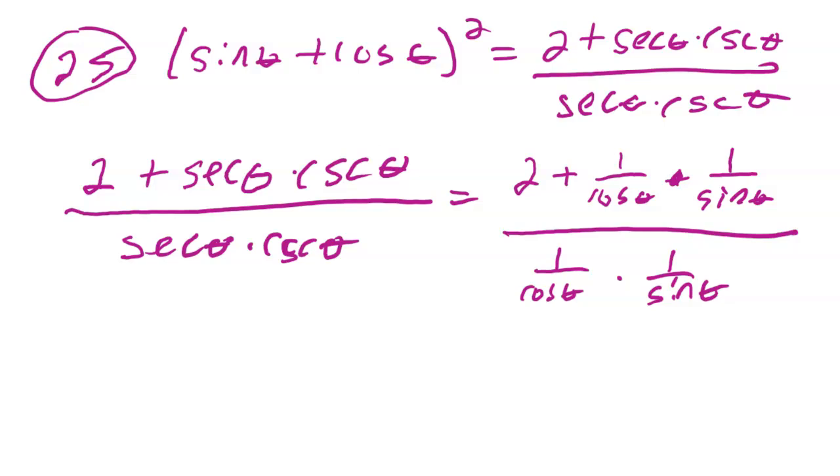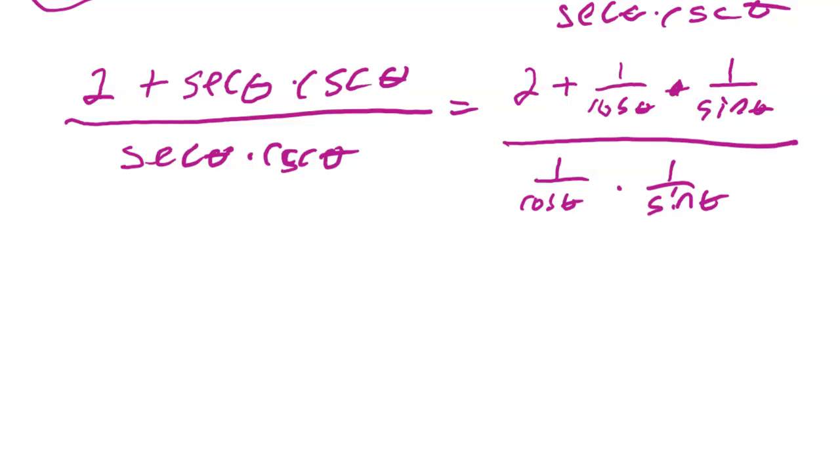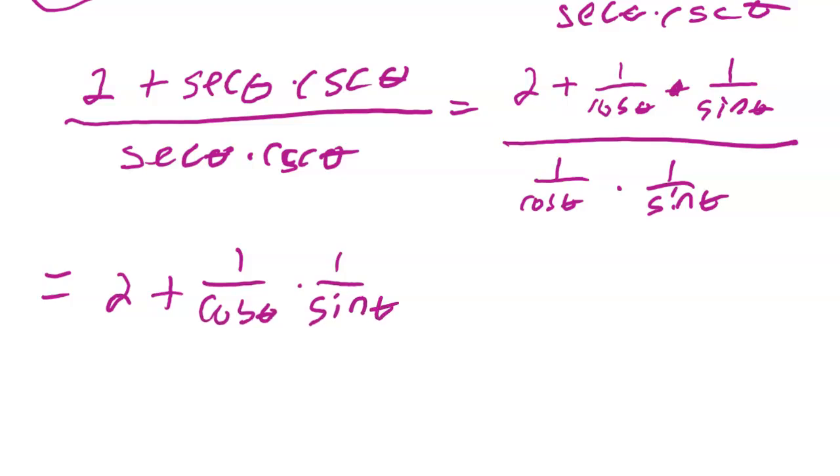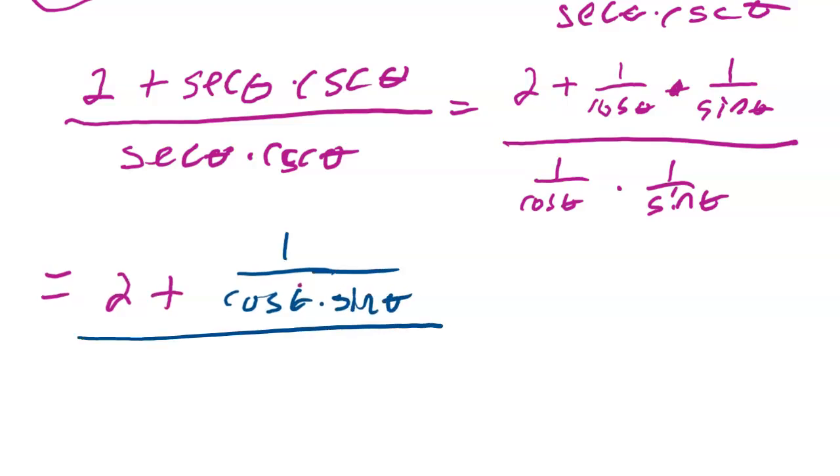I'm going to multiply. Okay, so I guess I'm going to add a step here. This is equal to 2 plus 1 over cosine of theta times 1 over sine of theta. If I want, I'm going to write this as a single fraction. Just multiply them together: 1 over cosine of theta times sine of theta, all over, and I'm going to write this as a single fraction.